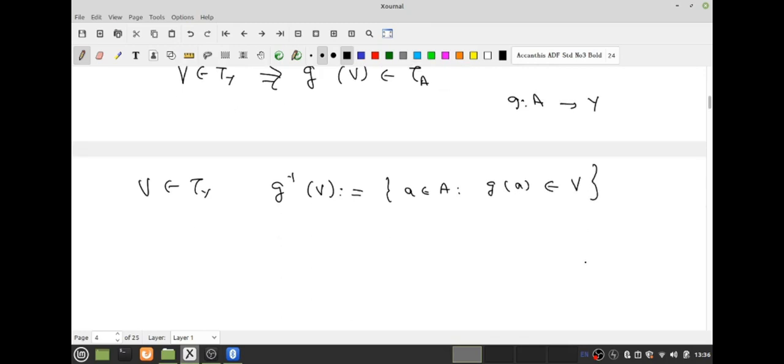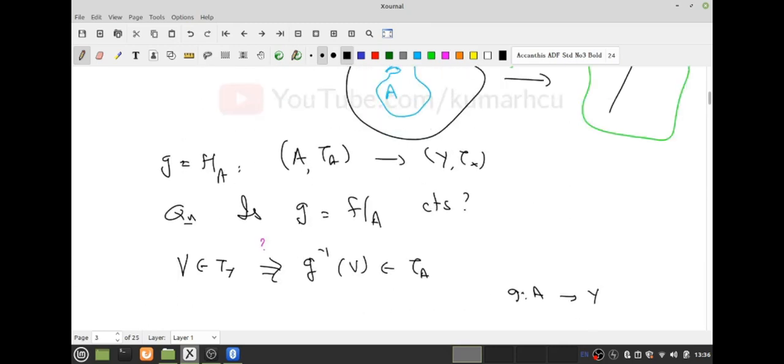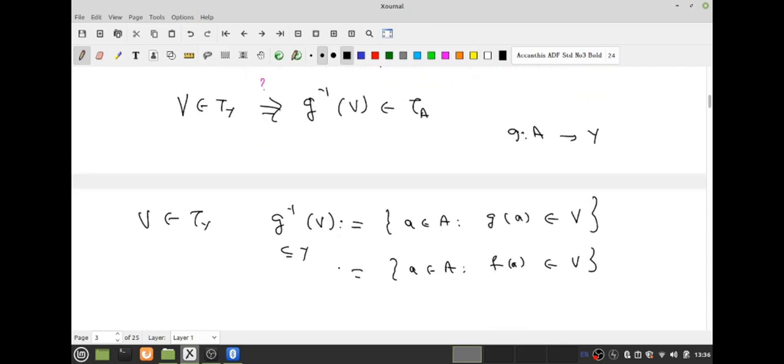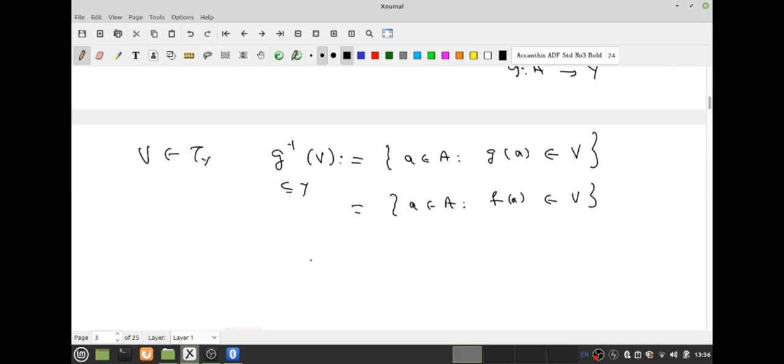But what is g(a)? This is nothing other than the set of all a in A such that f(a) belongs to V. Now this is a subset of A. You understand? When does an element a belong to this subset g inverse of V? If and only if a must be an element of A as well as f(a) must be in V. Therefore, this is nothing other than A intersection with f inverse of V. Now, what do I know about this?